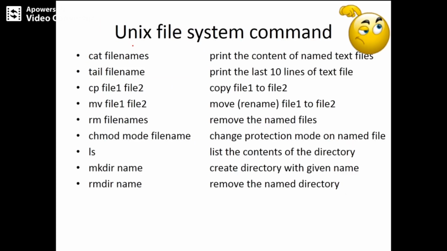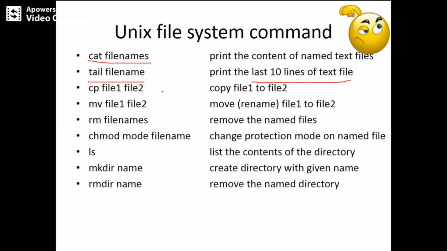Some of the Unix file system commands: cat filename will print the contents of the named text files. Tail filename will print the last 10 lines of the text file.